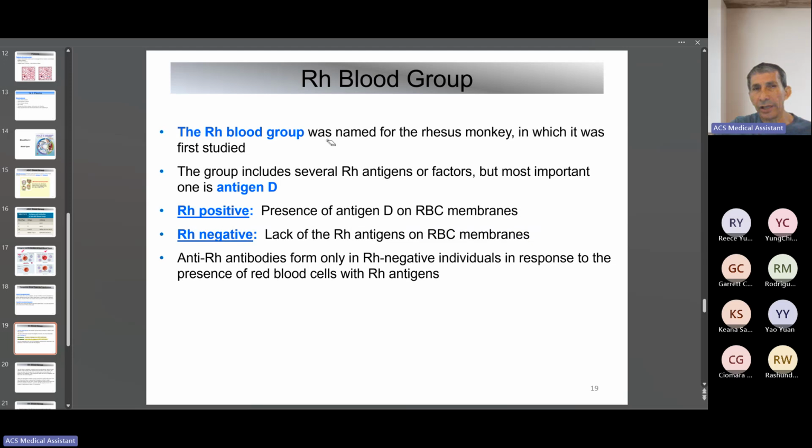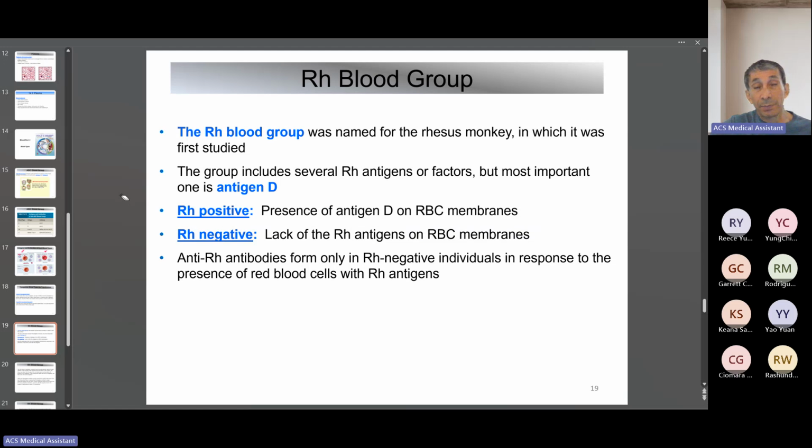Usually this RH is not asked except for the one question that we're going to see in the lecture that we have next. So this is important and you will see why. Remember, the RH is not a key factor for me to receive your blood. What is important is the blood type.